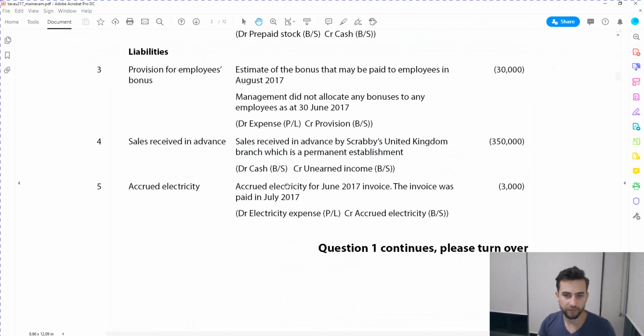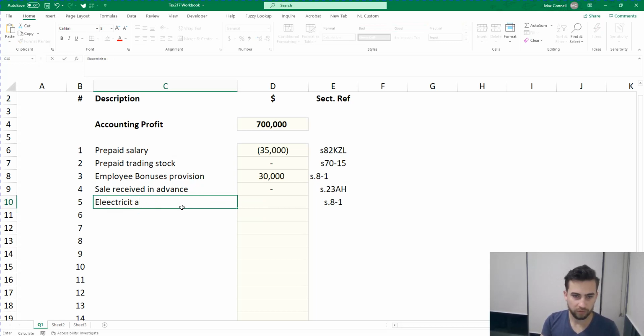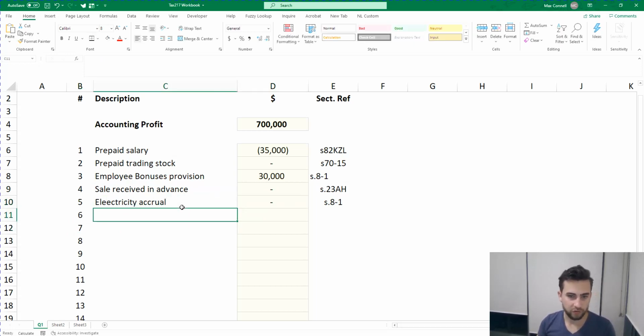So the invoice was in June 2017. That's when we need to include the expense, which they've already done in the P&L, which is correct. So no adjustment is actually needed for this one. So this is going to be electricity accrual, $0. Okay, next question.